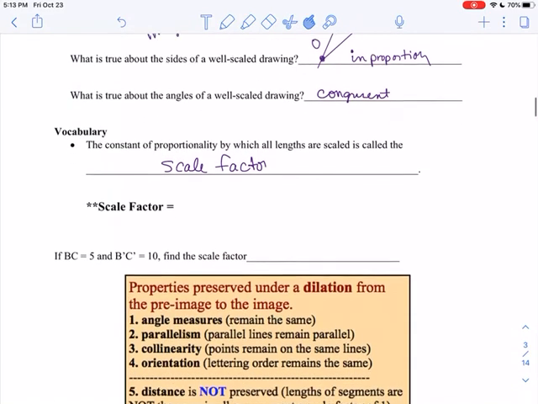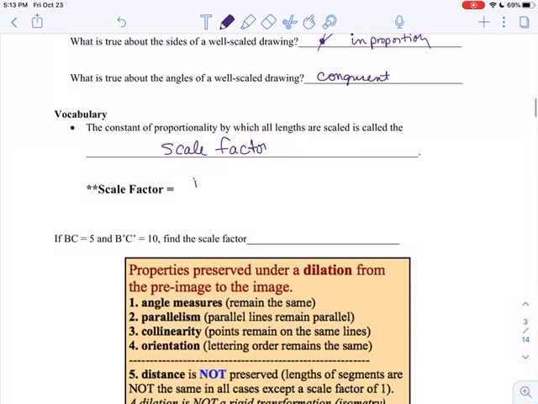All right? That constant of proportionality by which all lengths are scaled is called the scale factor. The scale factor, which I've been saying, is just equal to image over pre-image. And that is definitely a question that has come up on the Regents before. It's the image over the pre-image.